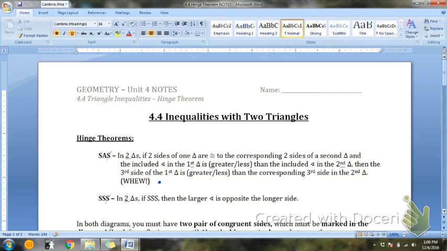They're going to have one side congruent, and then we'll probably be able to mark a reflexive side. And then we're going to need to find the included angle. Remember, included means it's between the two sides.